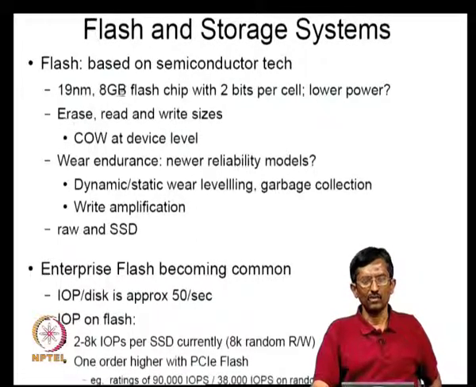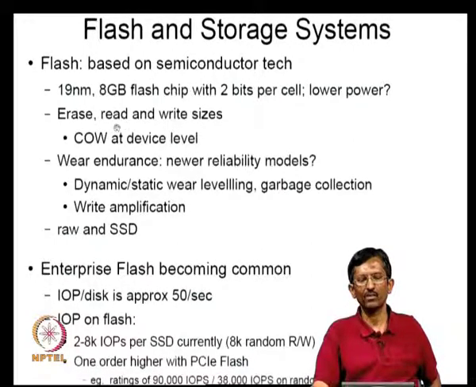Okay. So now this flash has an interesting thing that it has, in addition to read and write sizes like a disk, something called erase. Basically, once written, you have to erase it before you can write again. And so there are some specific sizes at which you can do this.